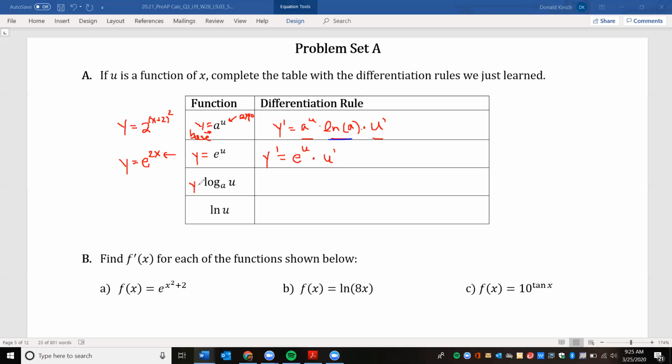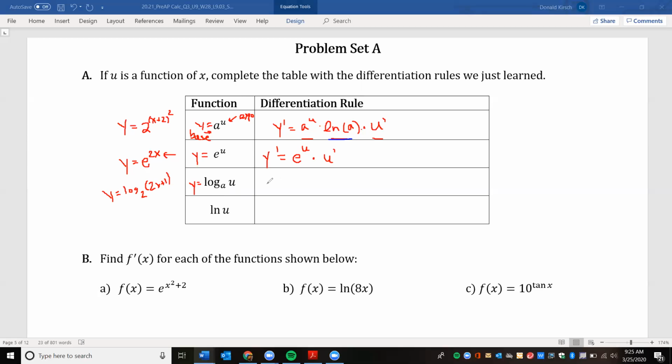Okay, the next one is your log and natural log functions. So an example A would be like our base. So an example of this would be like log of base 2 of some argument, and that could be some kind of function as well. Let's call that 2x plus 1. Okay. So we'd have to identify what is our base and what is our argument.